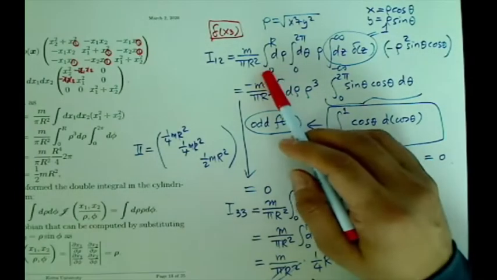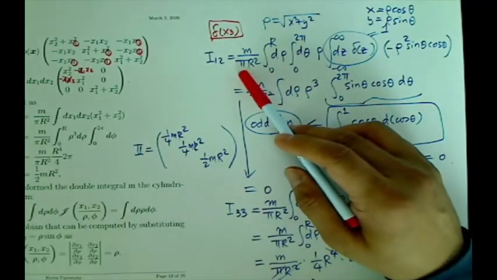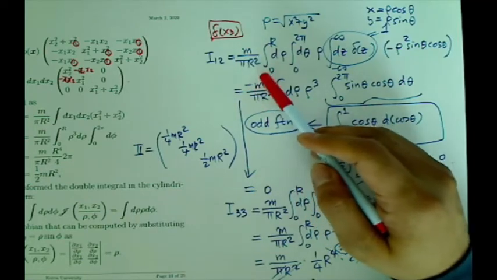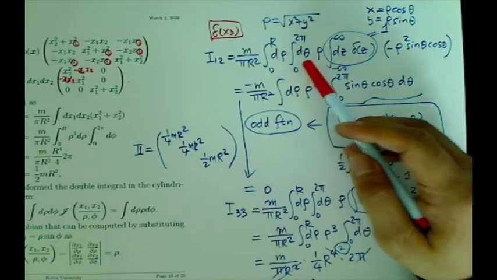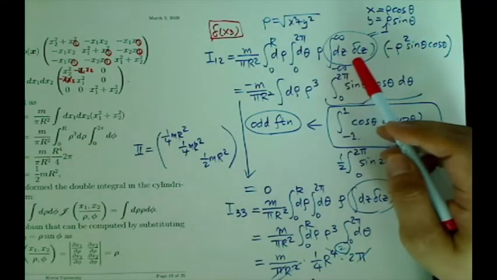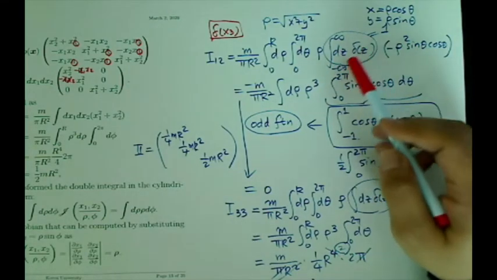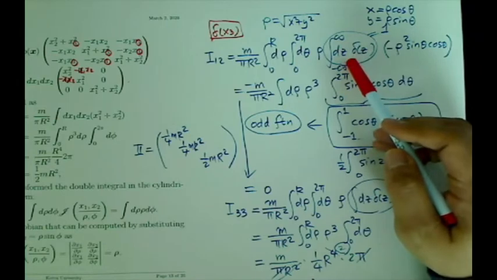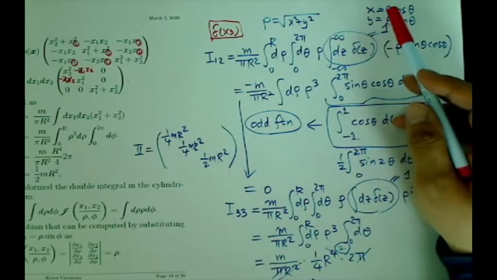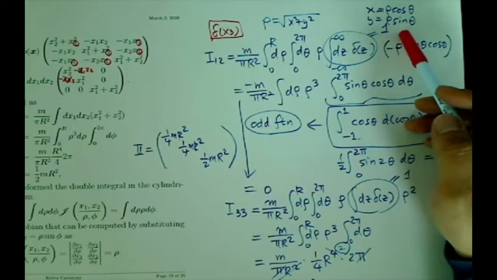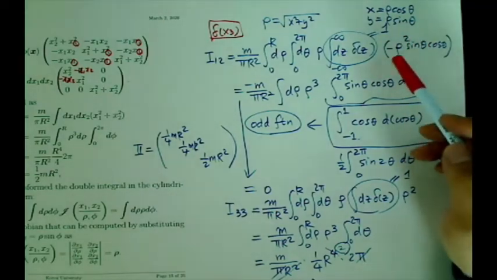We make use of the previous parameterization for the density function, m over pi r squared, and rho, theta, and the delta function. The z integral is trivial. Now x and y are expressed in terms of rho cosine and rho sine. We substitute these results in here.